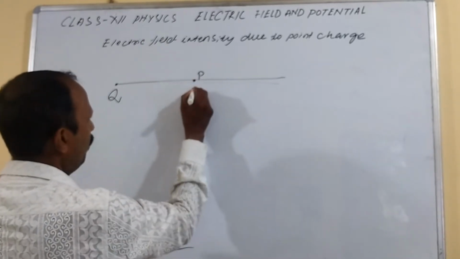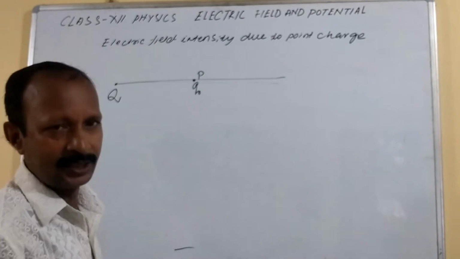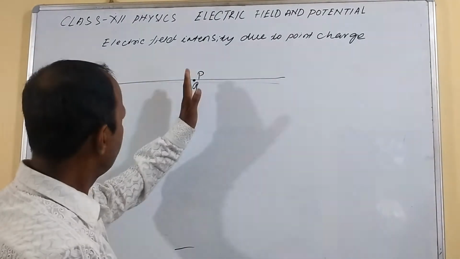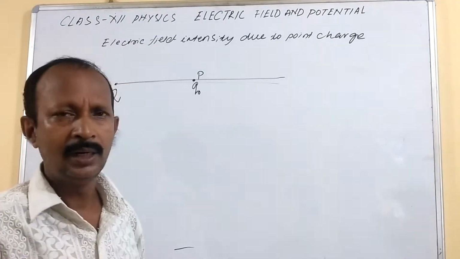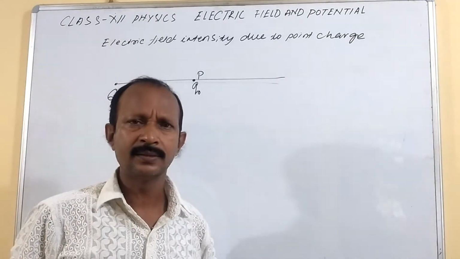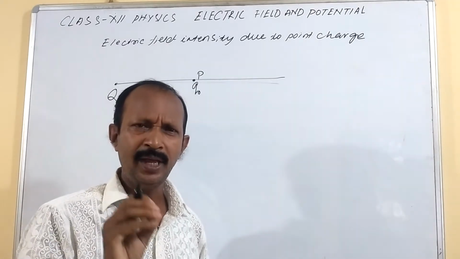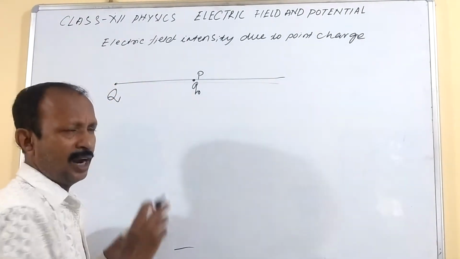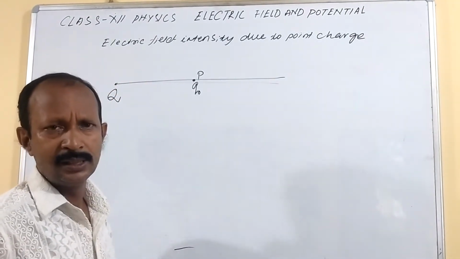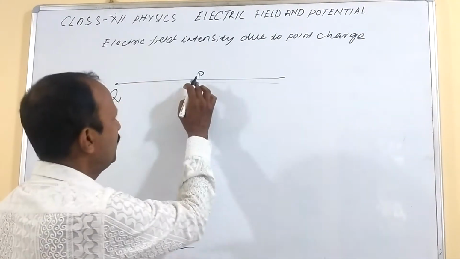So, suppose Q naught is the test charge present at the point P. Test charge in the sense it is a positive, very small charge which does not affect the field to be measured at this point.